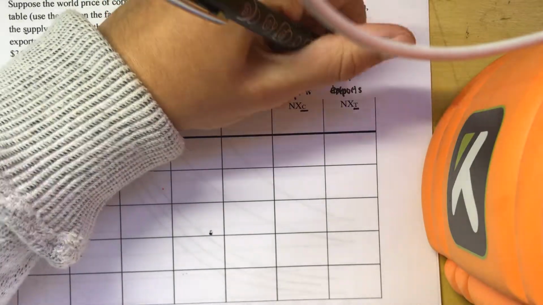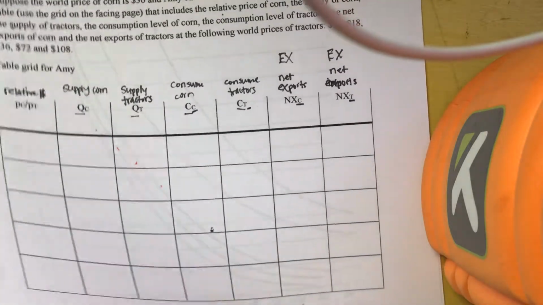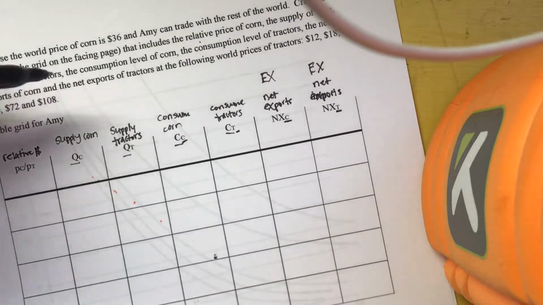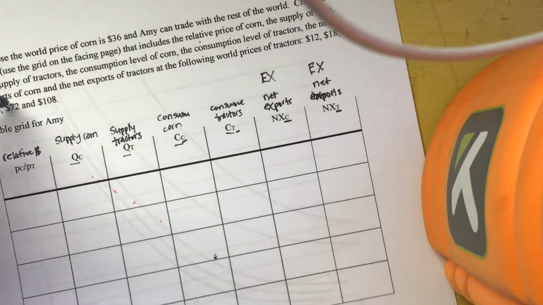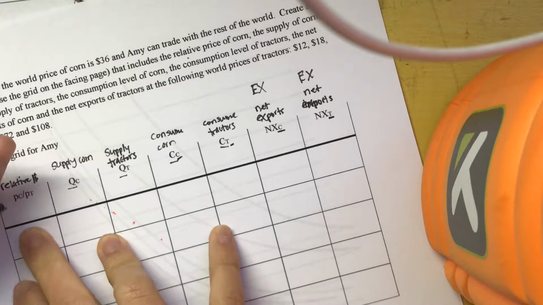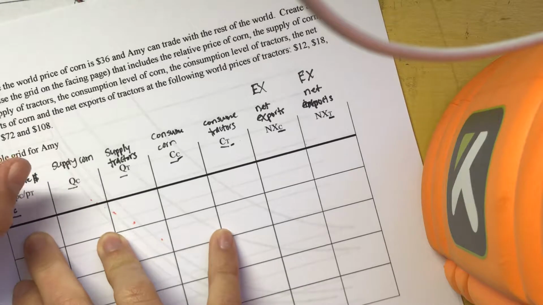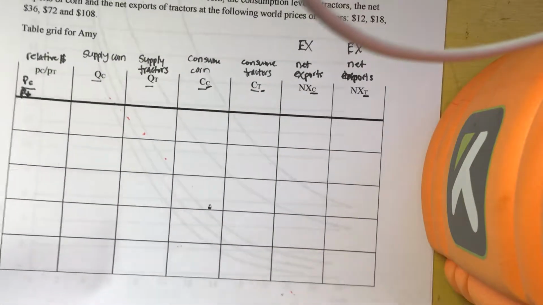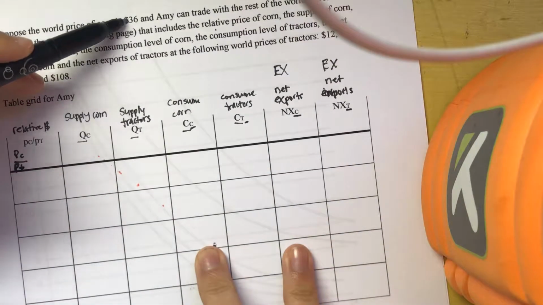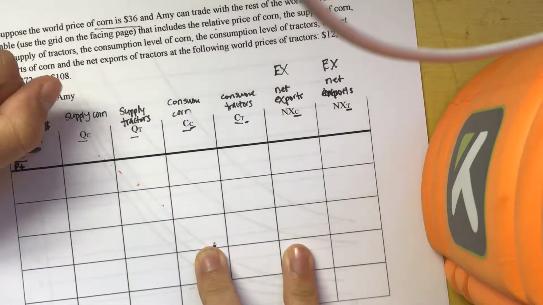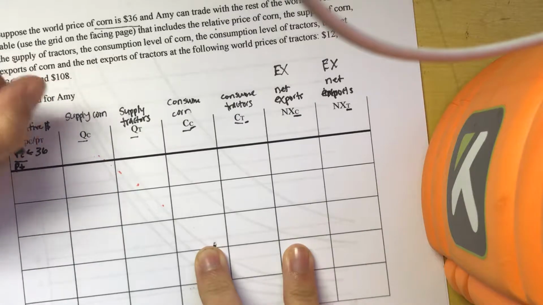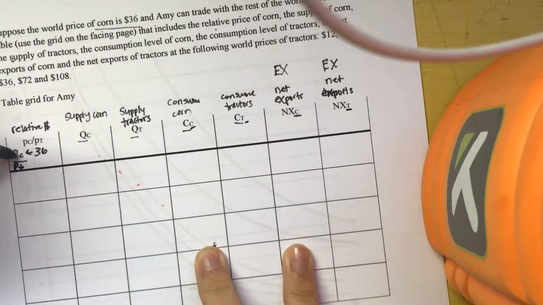Okay, so it wants us to find it whenever the world price of tractors is 12, 18, 36, 72, and 108. Okay, so right here, this is the price of corn over the price of tractors. They're saying that the world price of corn is 36, so this is always going to be 36, because the price of corn is 36.